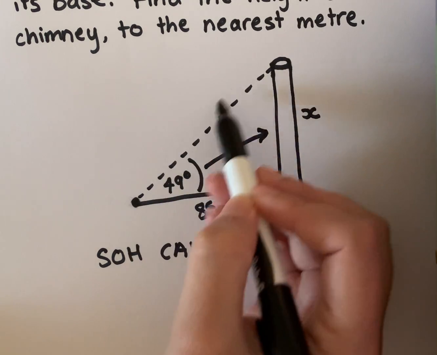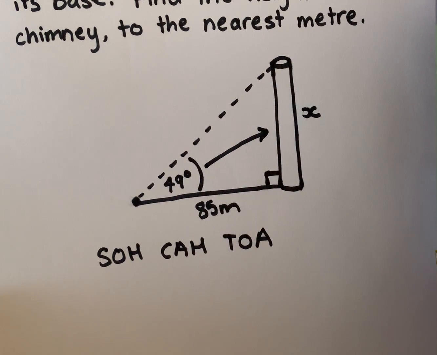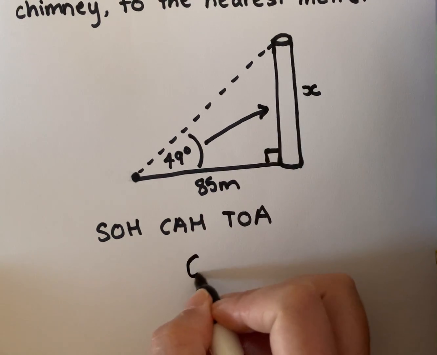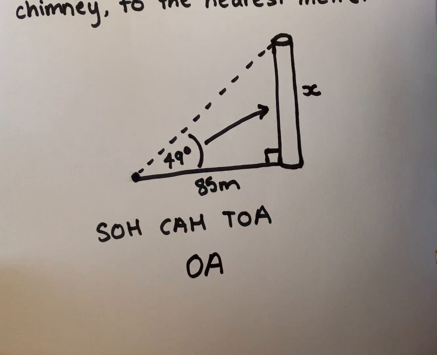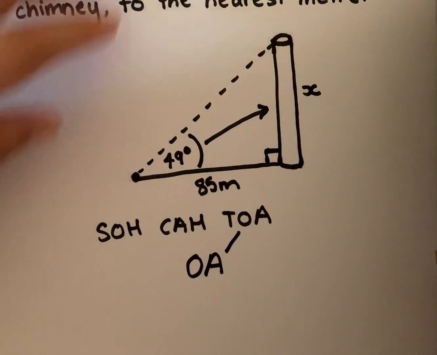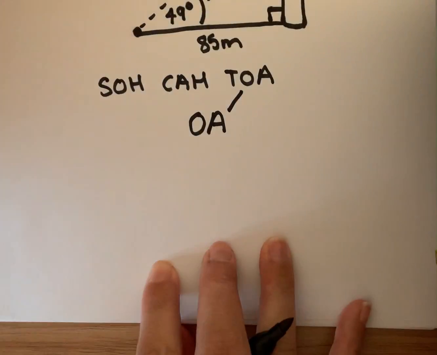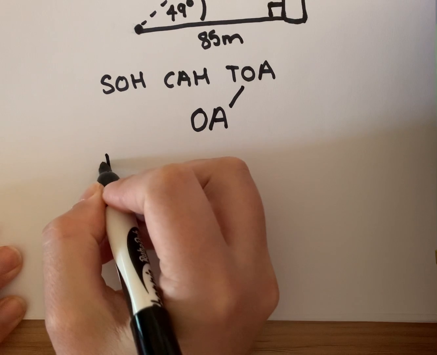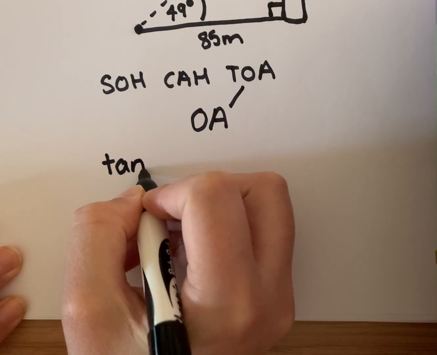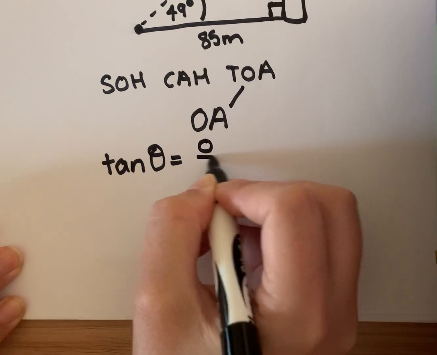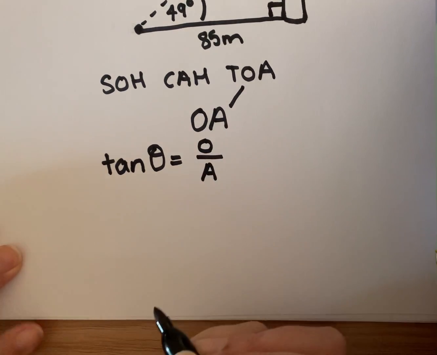This is the hypotenuse up here. We're not really interested in that and we don't have any information about it. So we've got opposite and adjacent. So which ratio are we going to use? We're going to use TOA, which stands for tan. It's the tangent ratio. So if we write that out properly, TOA actually stands for tan of an angle is equal to opposite over adjacent.